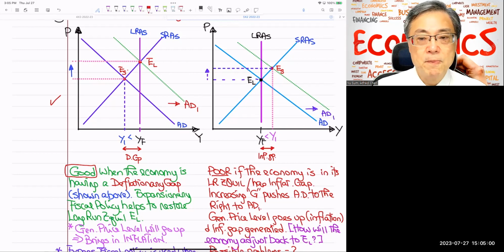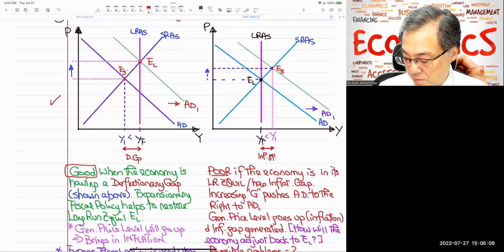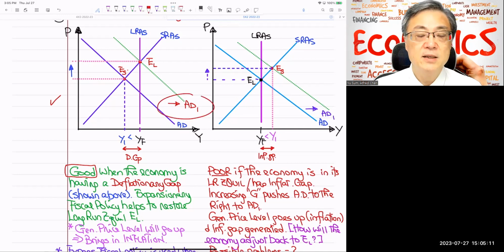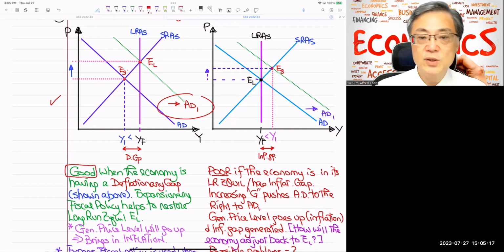What is going to happen? As I have just mentioned above, you increase your government consumption expenditure, G. That means your aggregate demand is going to shift to the right, to AD1. Here, as you can see, your short-run equilibrium is at ES, your short-run aggregate output is at Y1, short of YF.